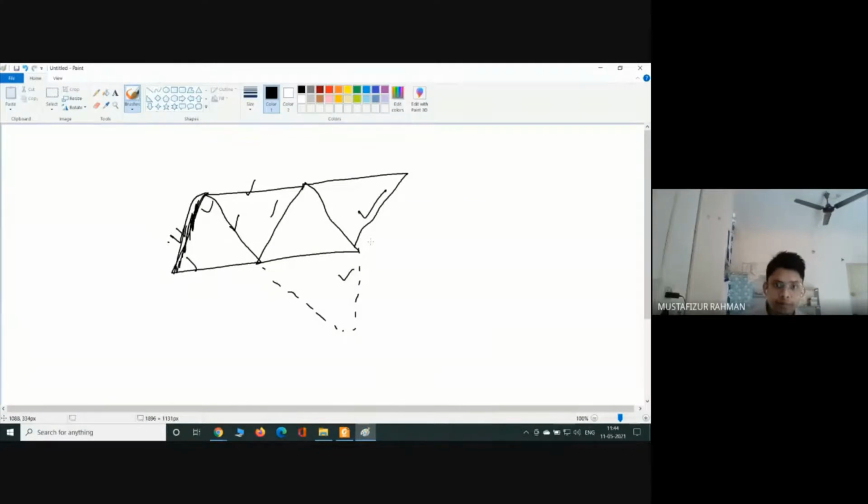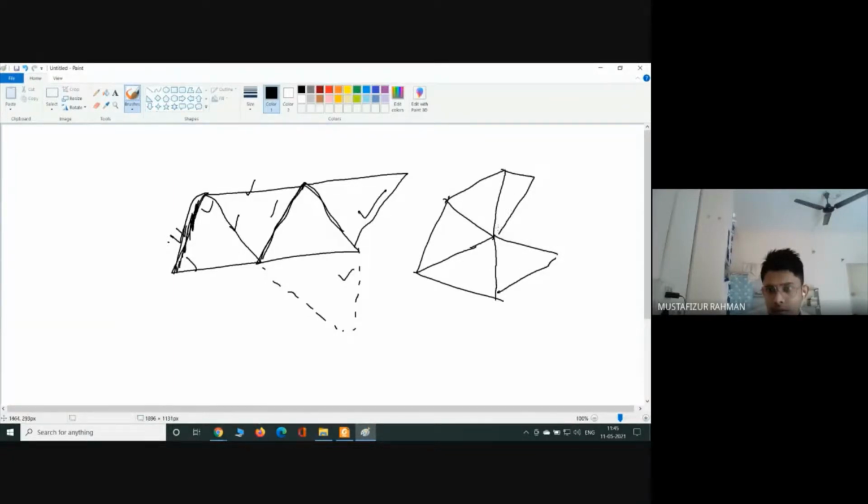Or we can measure this first, measure this, or if the network is further complicated, something like this. So what way we will carry out our survey work, in which way we will go, that is the term related to strength of figure.